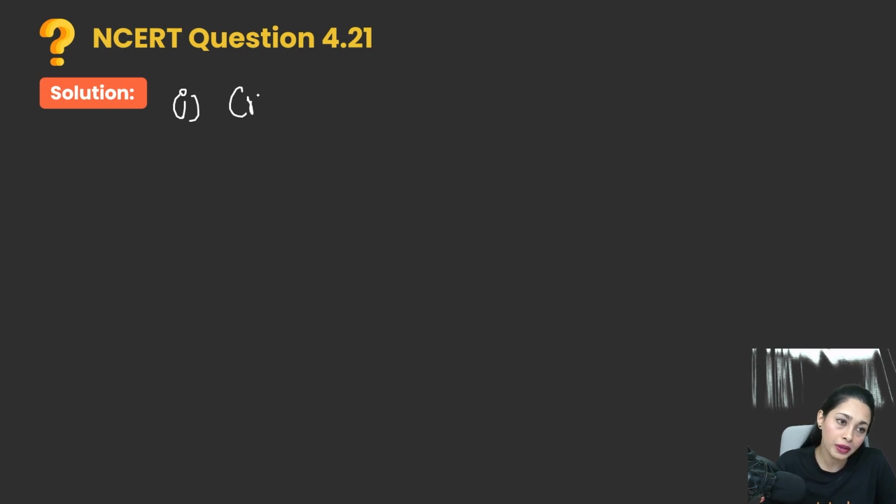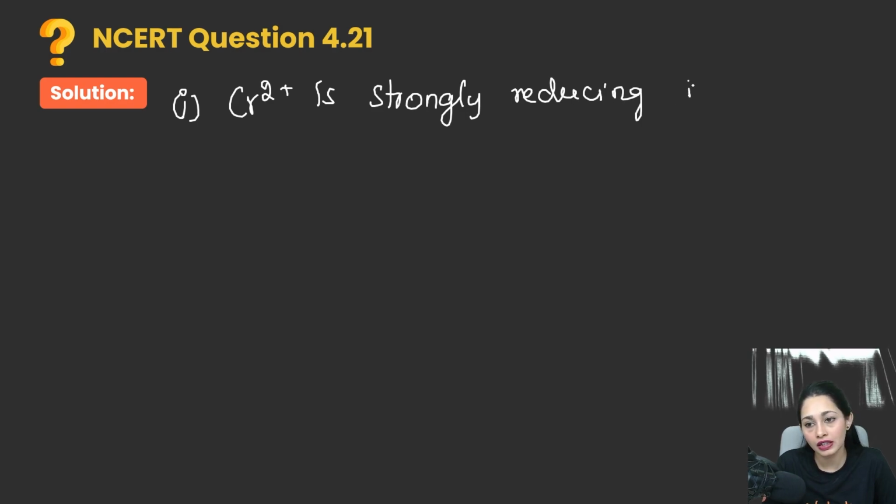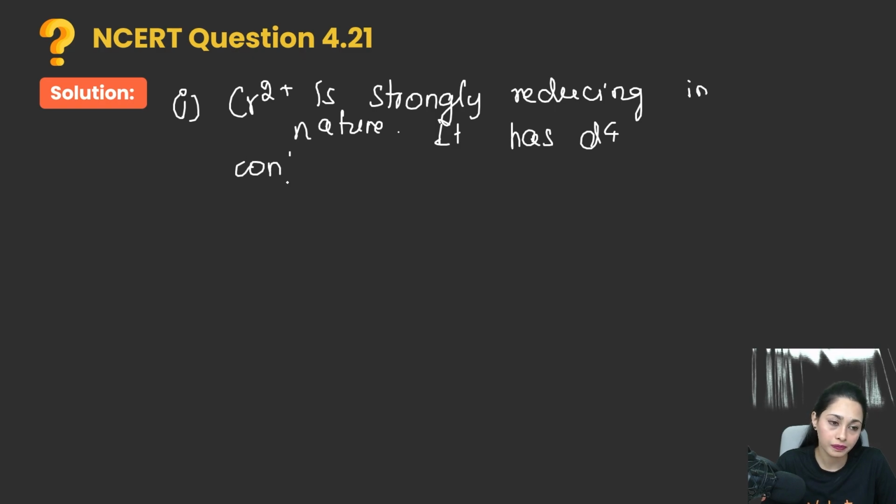So chromium 2+ is strongly reducing in nature. Okay, so it has d4 configuration. While it is reducing the other, itself it undergoes oxidation.